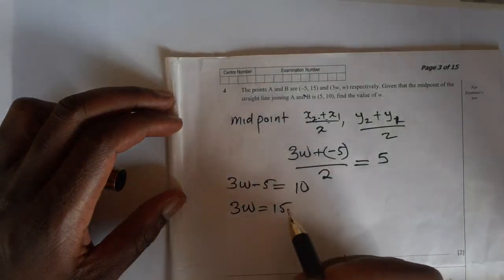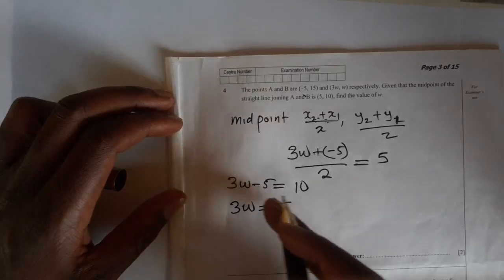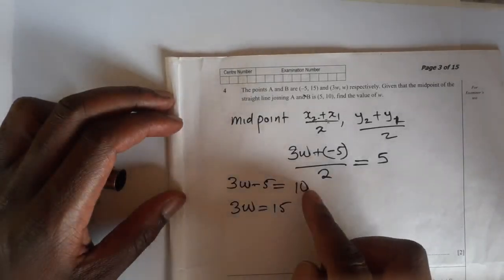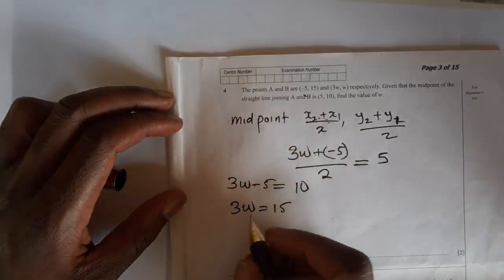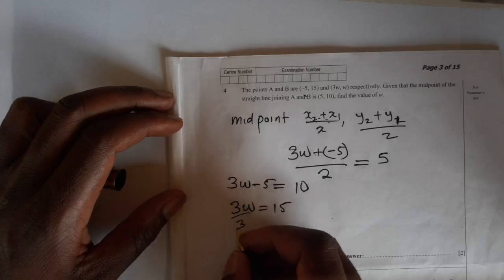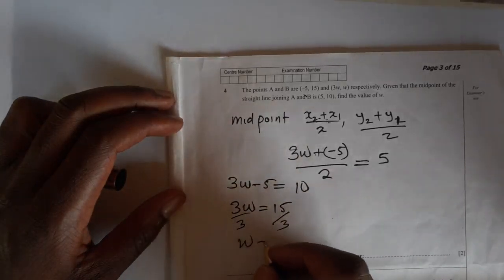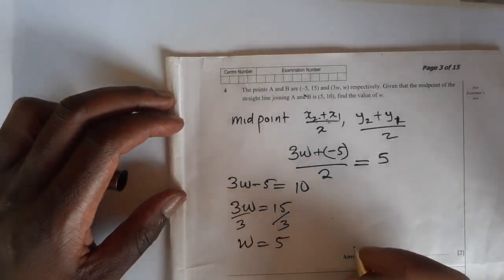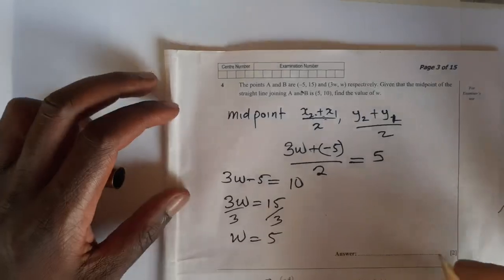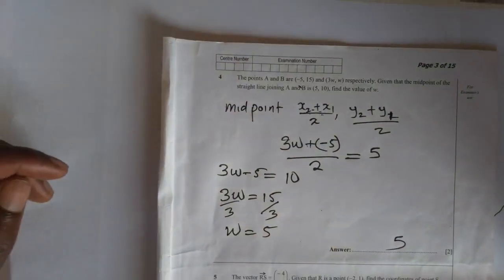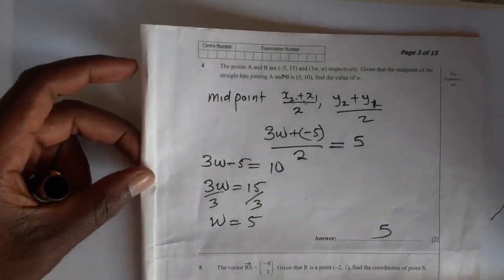This 5 came to the other side, and the additive inverse is positive, so you add the 5 to the other side. Then for the value of w, we divide both sides by 3. So w is equal to 5. So we write our answer here, 5. All right, that's what you're supposed to do.